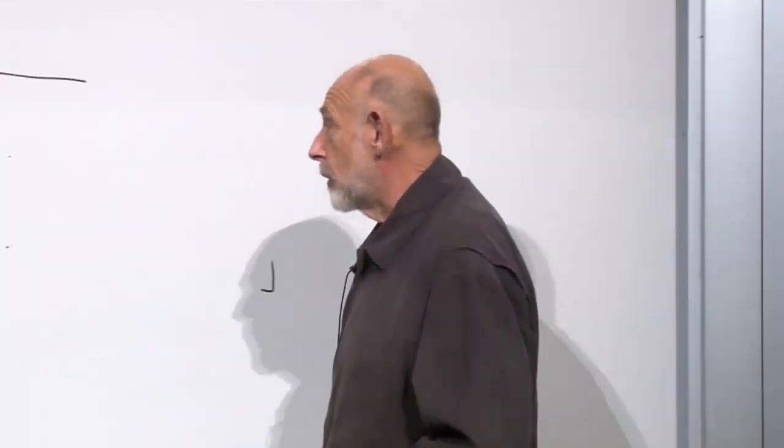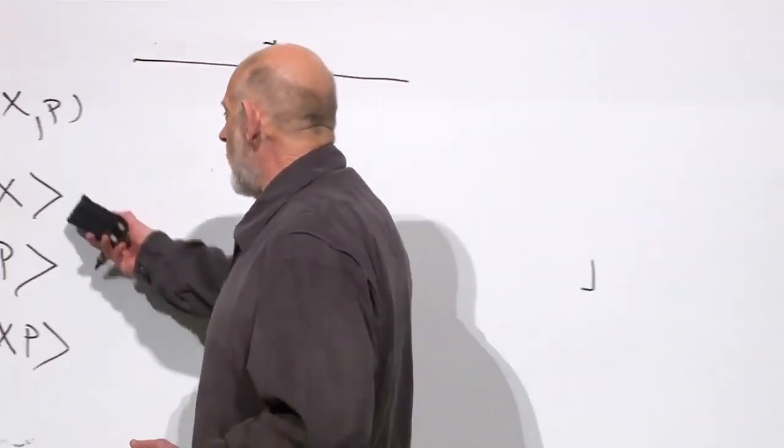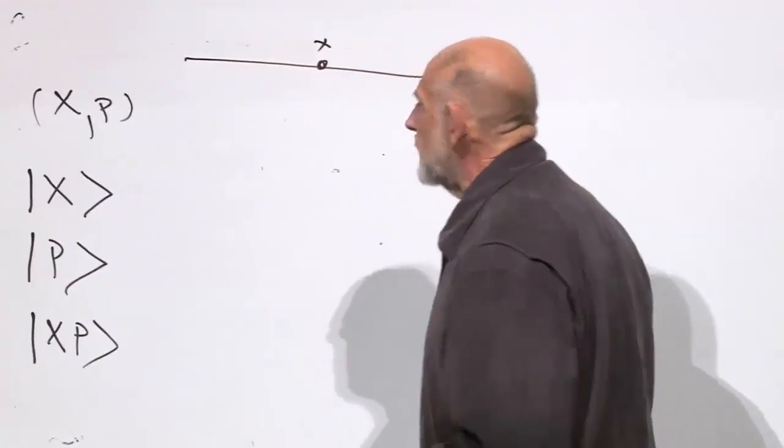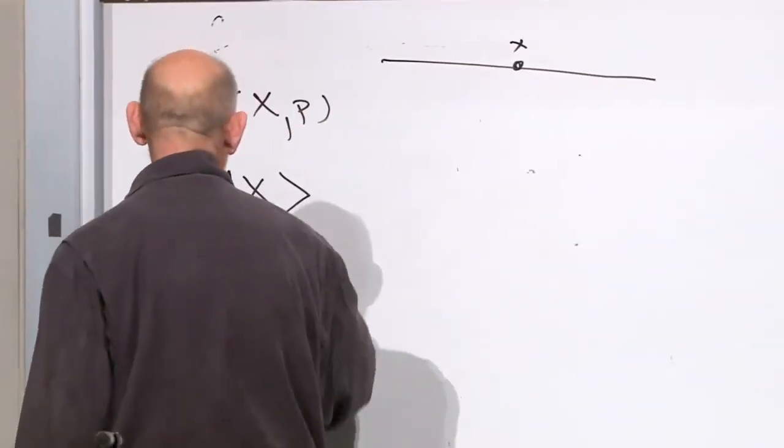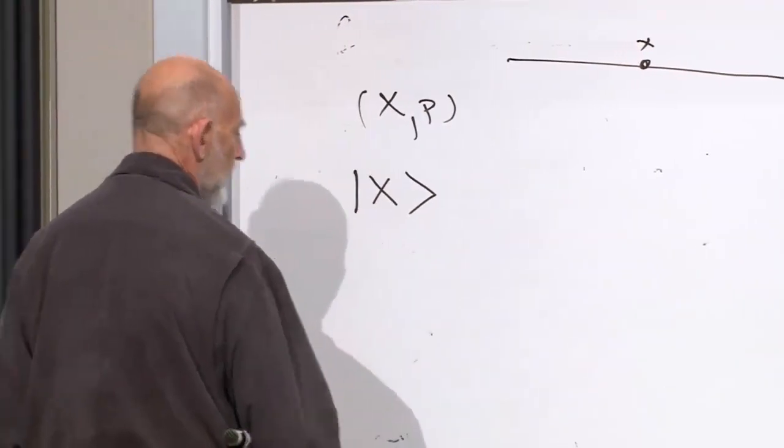It's called, of course, the Heisenberg uncertainty principle, but you can't know both. So it's one or the other. Classical physics, a particle has an x and a p. In some sense, in quantum mechanics, a particle has an x or a p. Meaning to say, you don't try to describe it by both, you describe it by one or the other, and we'll see what the relationship is in a moment.